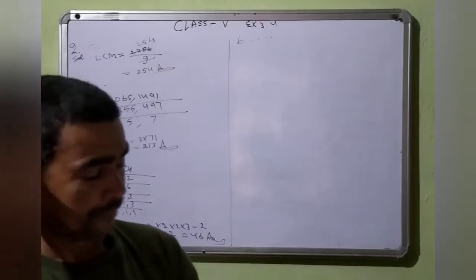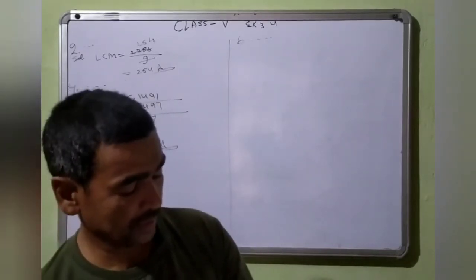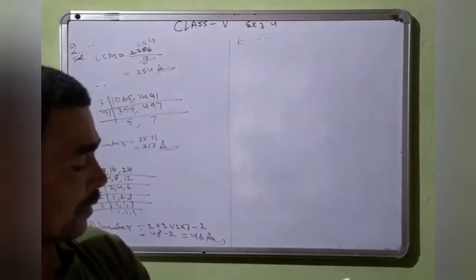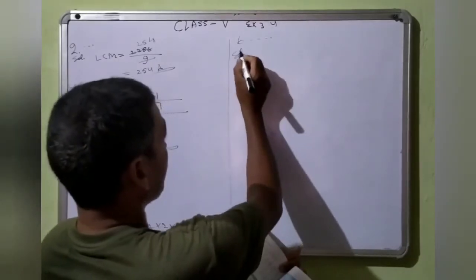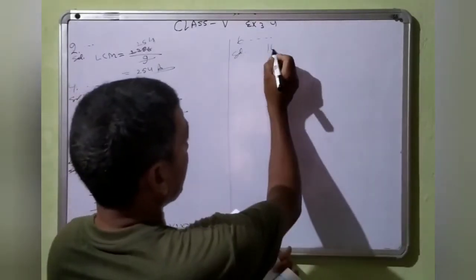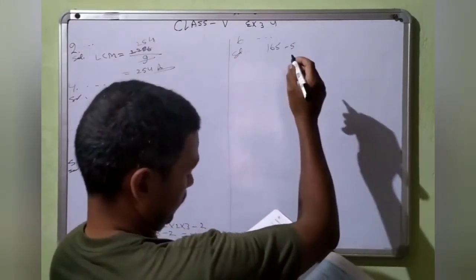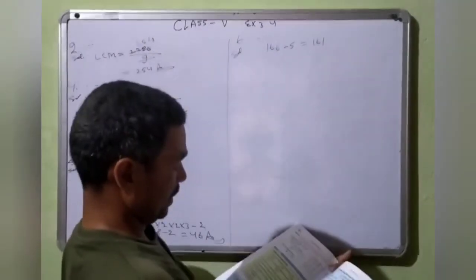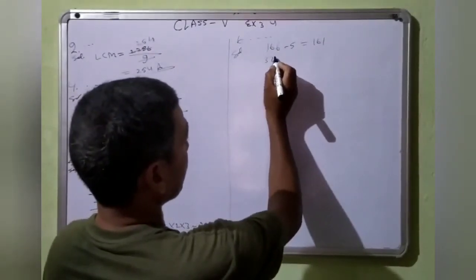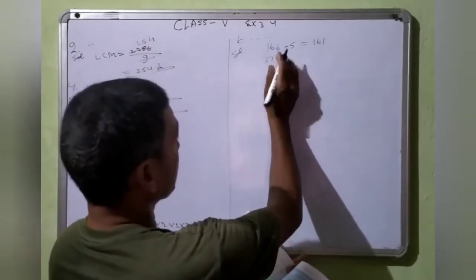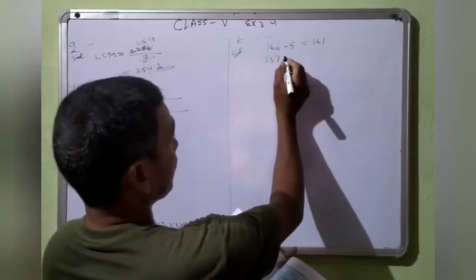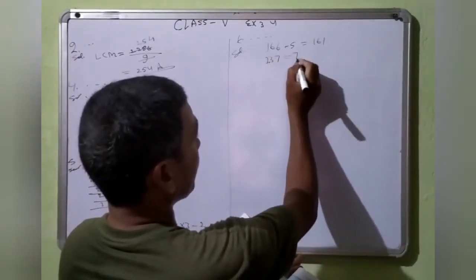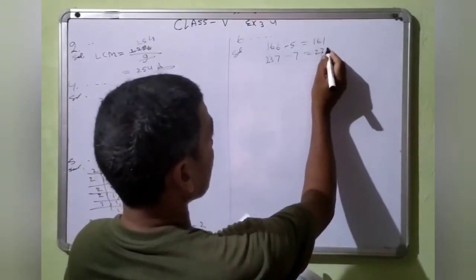Question 6. Find the greatest number that divides 166, 270, 237 leaving remainders 5, 7 respectively. So first of all, 166 subtract 5 is equal to 161, and 237 subtract 7 is equal to 230.